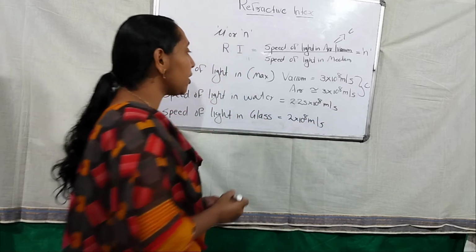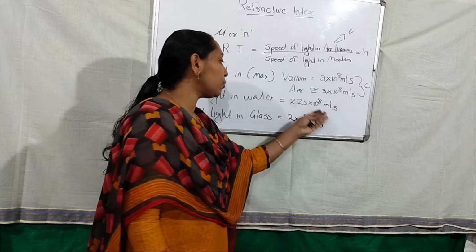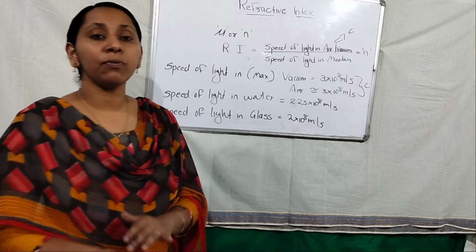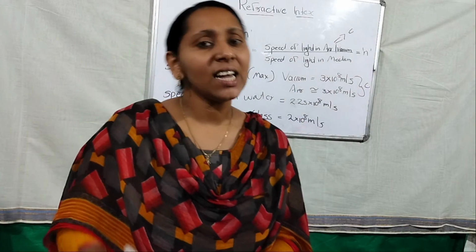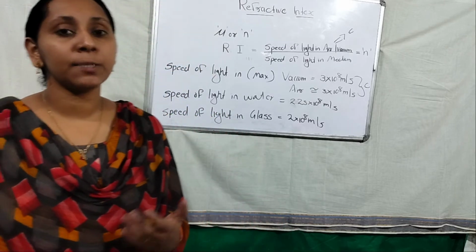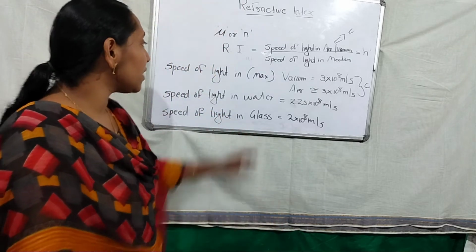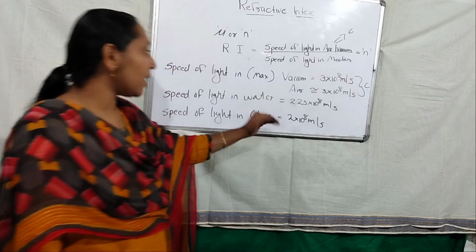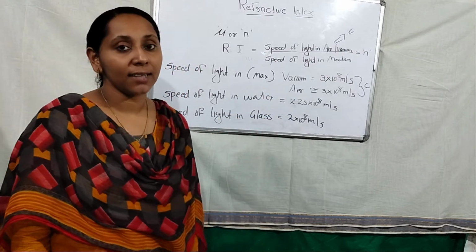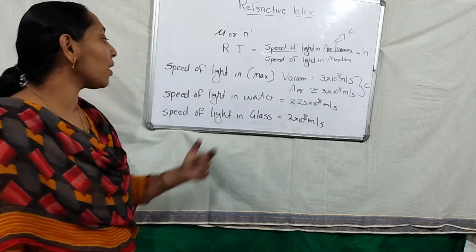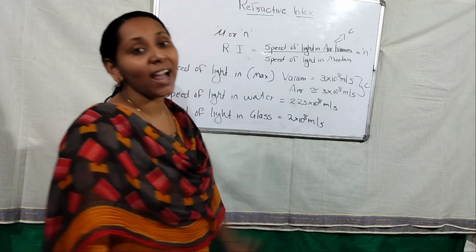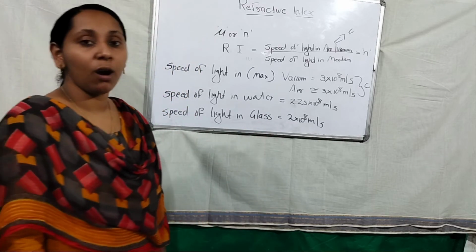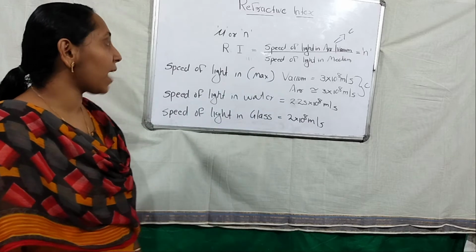Very clearly you can see 3, 2.25, 2. Normally in gases the speed is higher, then less in liquid, then less in glass, because density is more in solids. So speed of light is less in the case of solids.